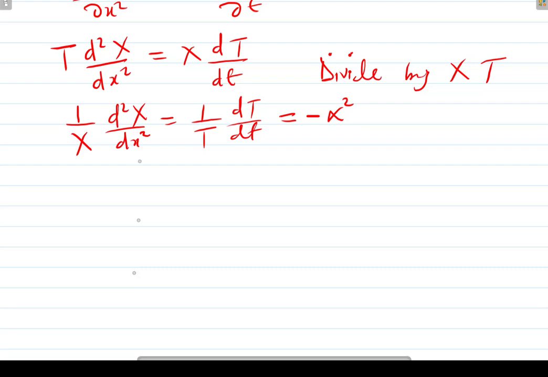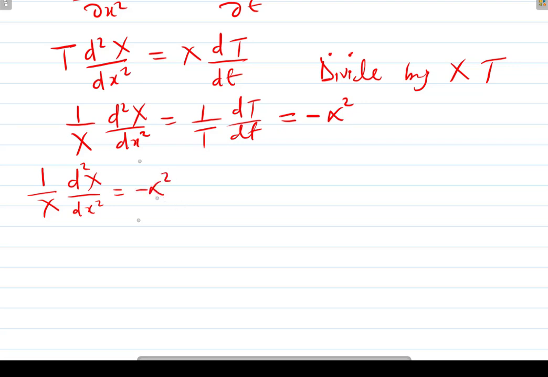Okay, so having done that now, you can pick them pairwise. It means you have two things now. You have the first one, it's 1 over X d²X/dx² equals negative alpha squared.